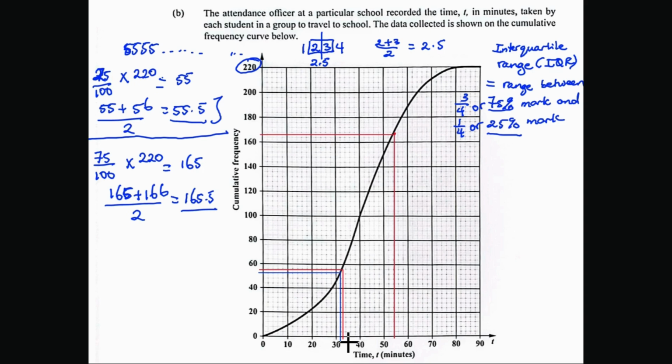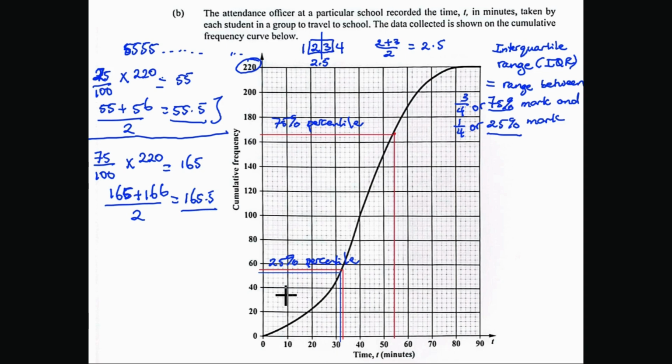I'll also write this in so you can follow. This is the 25th percentile mark, and the one on top of here is the 75th percentile.